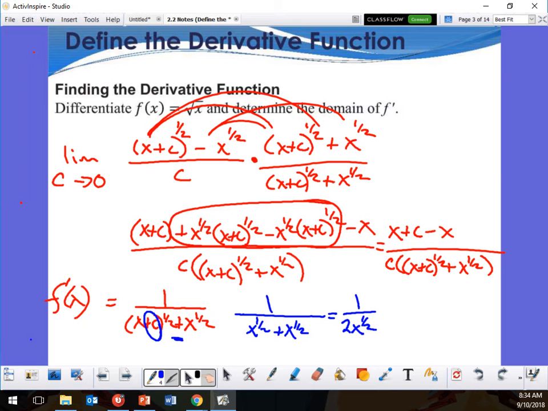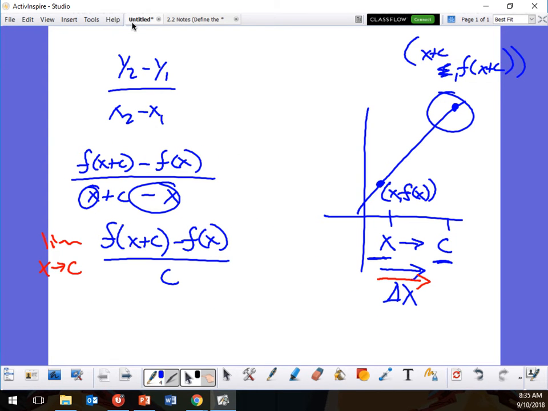So, can you explain to me why c goes to 0? Okay, remember what I was saying? The limit as c goes to 0. So, as c goes to 0, going back here, we're going from this, which is a secant line. It has 2 endpoints, right? I don't want a secant line. I want the line at that point.